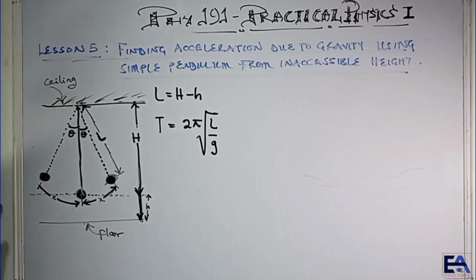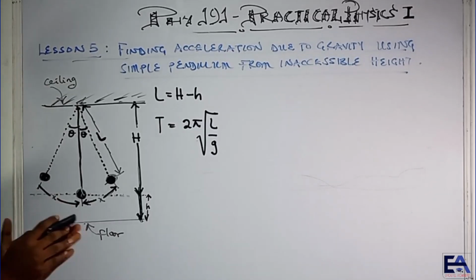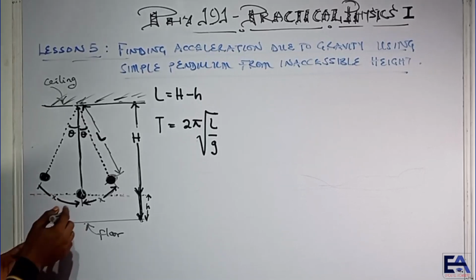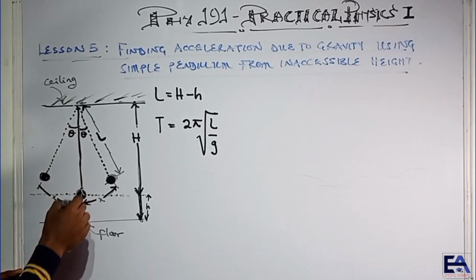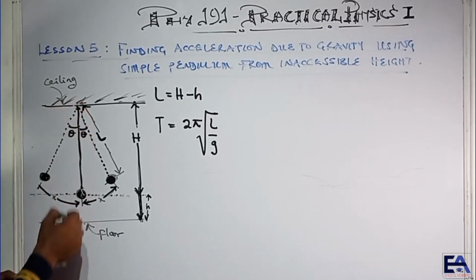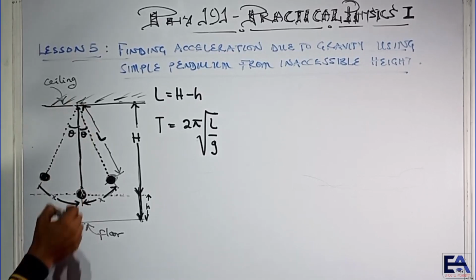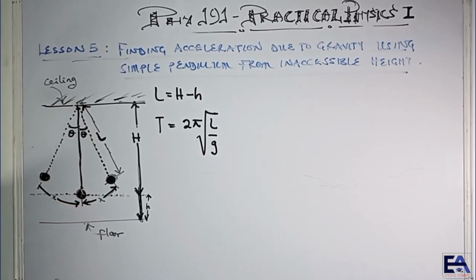If you are performing these experiments in the lab, anytime you want to measure the length of the thread, you don't measure it from the top of the bulb. It's actually from the approximate center of the bulb.